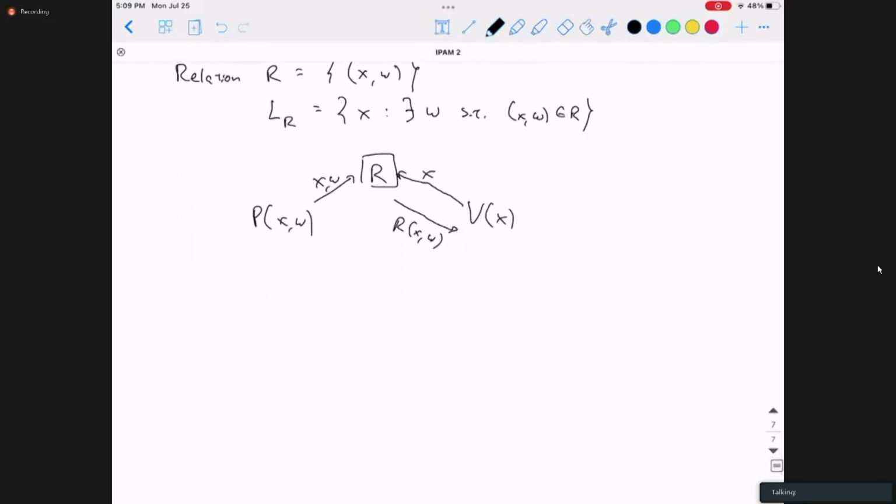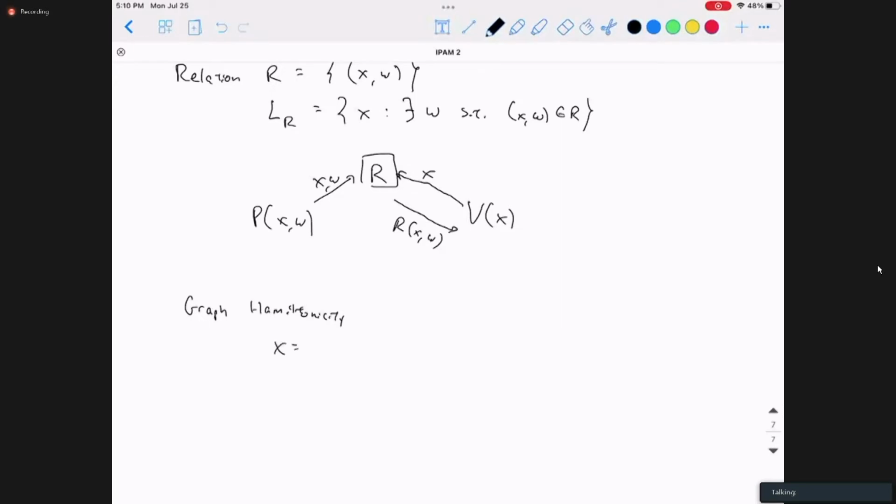Let's look at a concrete example like I promised. For those of you who have seen NP and NP-completeness, this may be familiar. For those of you who haven't, you can just consider this as an abstract problem. We can look at the problem of graph Hamiltonicity. What we have here is a graph.